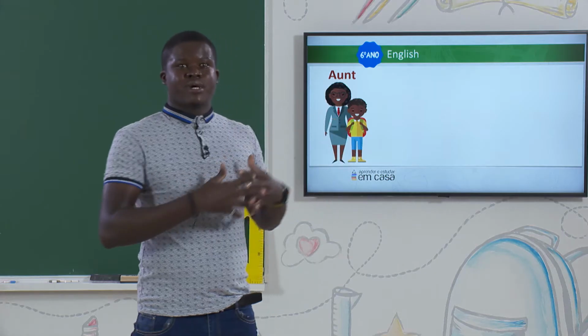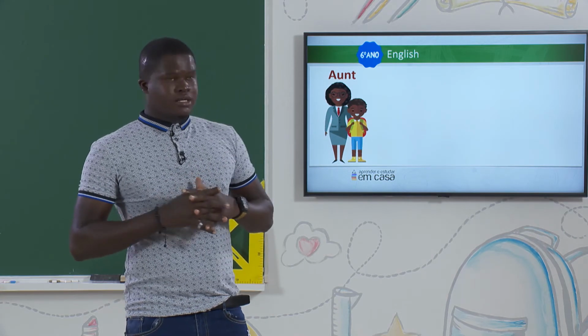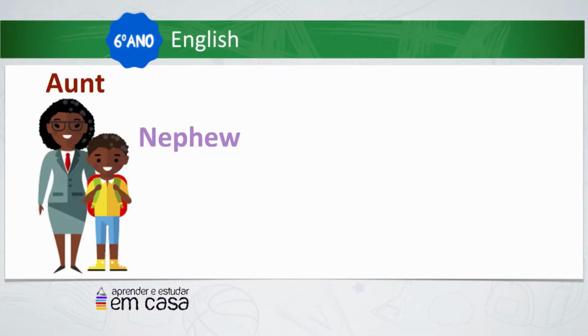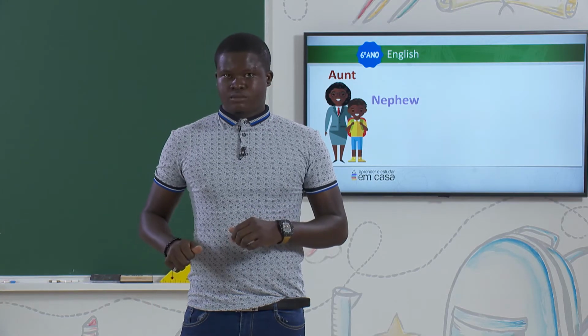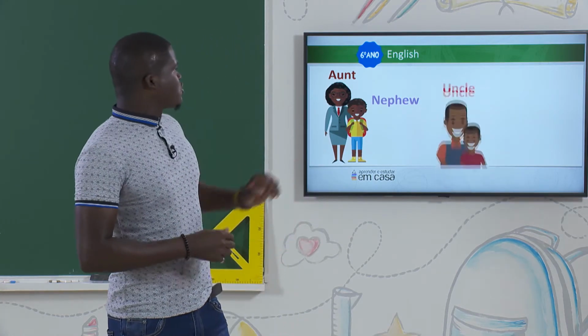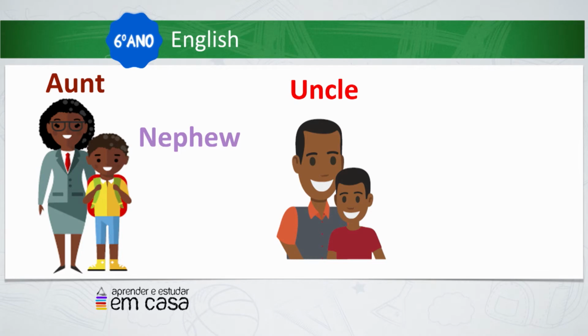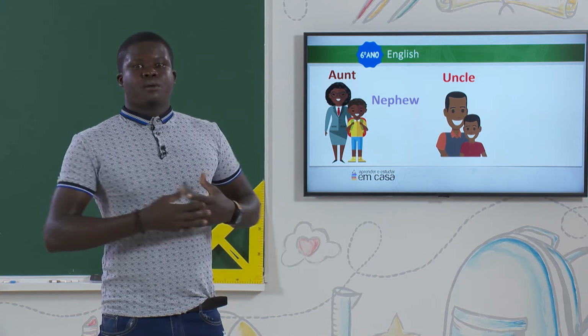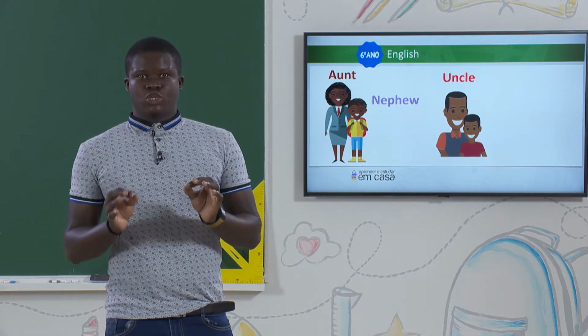So she becomes my aunt, okay? And I would become her nephew, okay? And if, for example, my sister has a son, her son would be my nephew, okay? Nice. Next one, we have the uncle, which is my father's brother, or it could be my mother's brother. So he would become my uncle, tio.